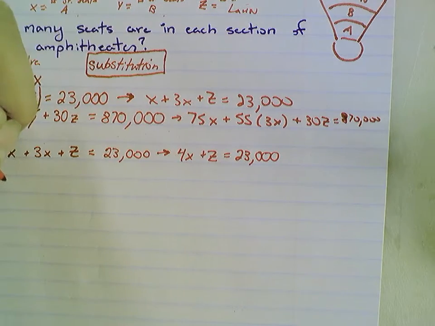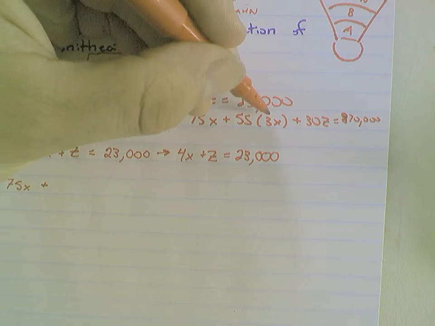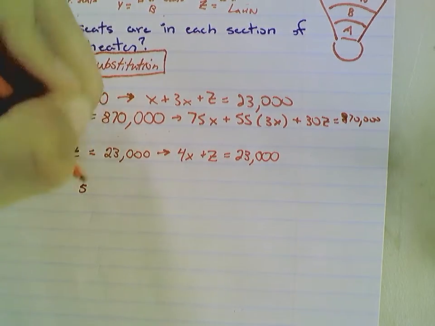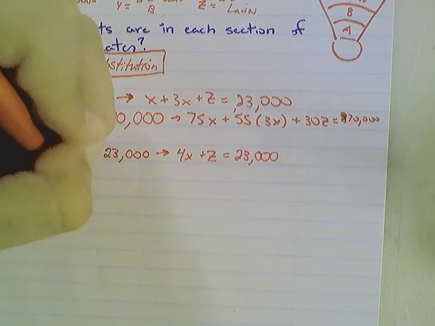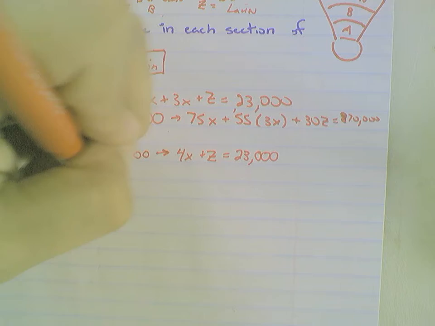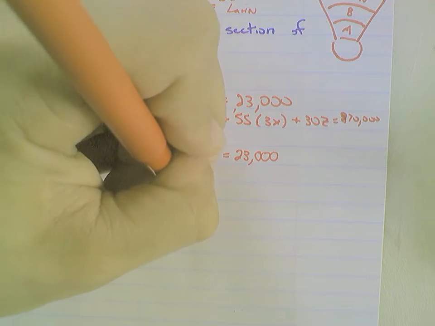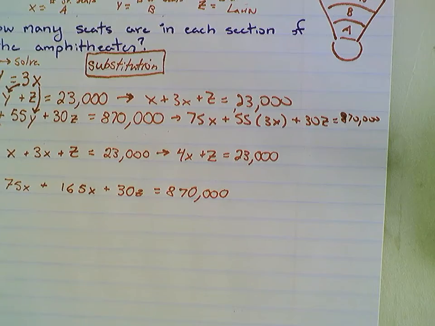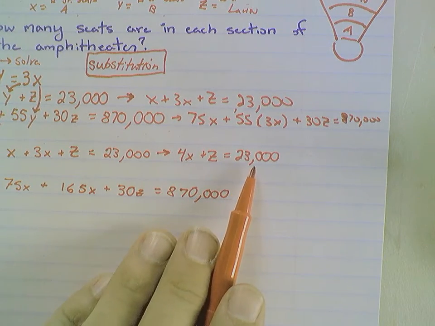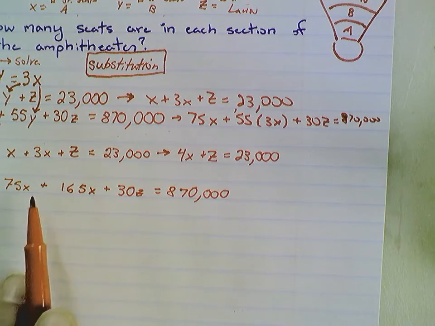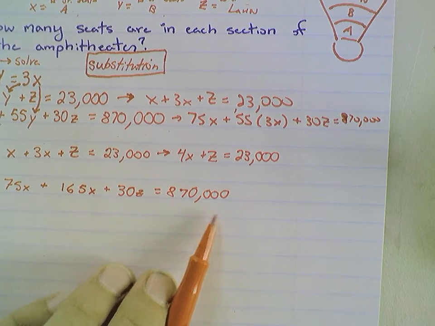So I can take 75x plus, well, if I take 55 times 3, I'm going to get 165x plus 30z, and then that's still got to be equal to the 870,000. Okay, so I've now simplified these two equations. One is 4x plus z equals 23,000, and the other one is 75x plus 165x plus 30z equals 870,000.